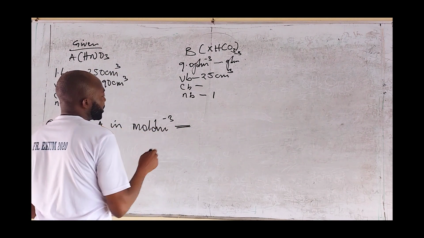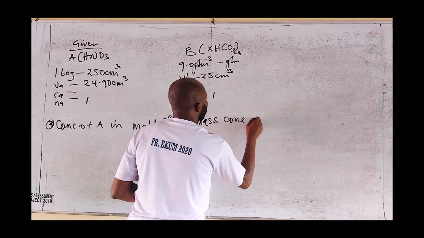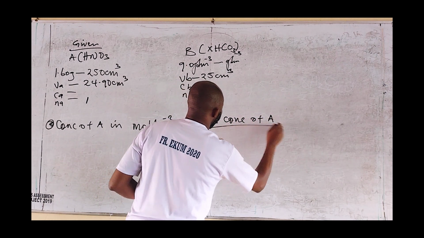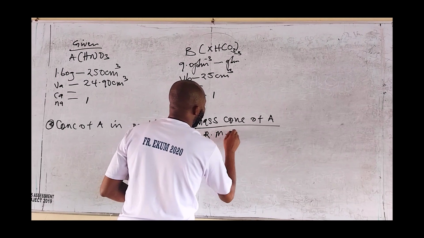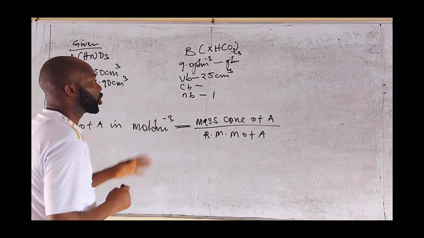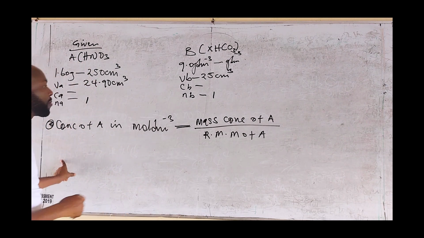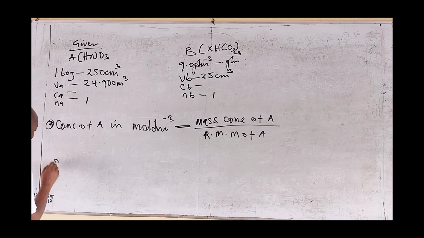So let's proceed. In order for us to do this, we use the formula: molar concentration of the acid is equal to mass concentration of A over relative molecular mass of A. But we don't know what our mass concentration is. So let's come down here and get our mass concentration so we can substitute it into the formula. Let's call this A1.